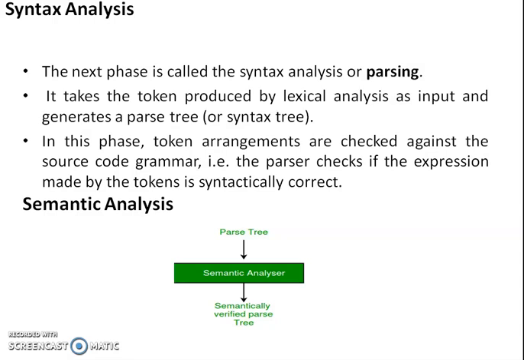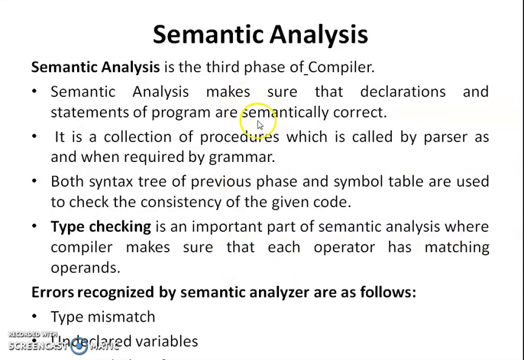And the third phase is the semantic analyzer. Semantic analysis checks whether the parse tree constructed by the syntax analyzer follows the rules of the language. For example, if you have assigned some values, they must have compatible data types, and adding a string to an integer is an error.